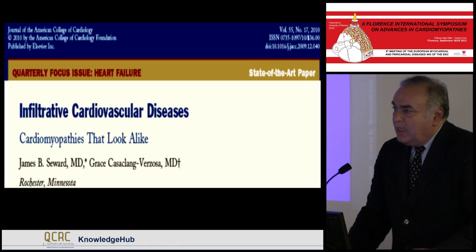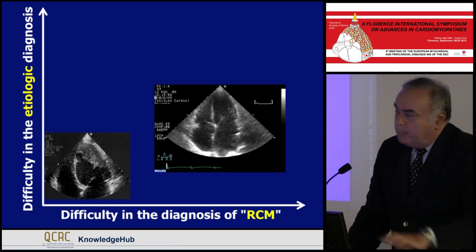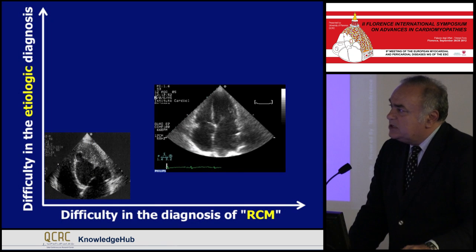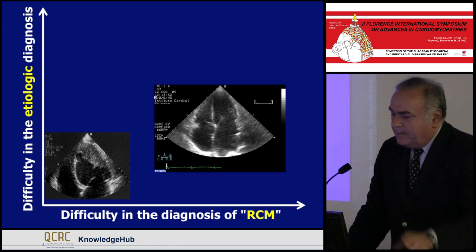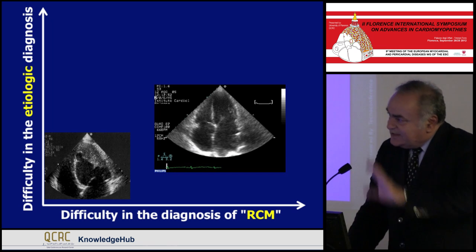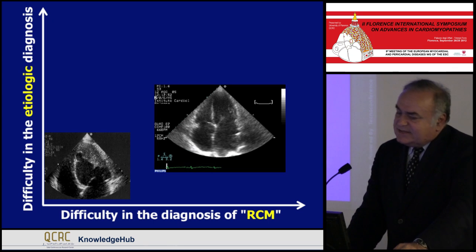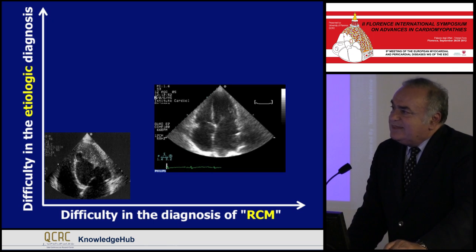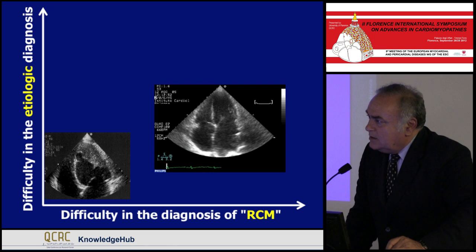From a practical point of view, as you know, the clinician has two tasks, two problems: determining the presence of a cardiomyopathy, and in particular a restrictive cardiomyopathy, facing a single patient, and at the same time making the etiologic diagnosis.